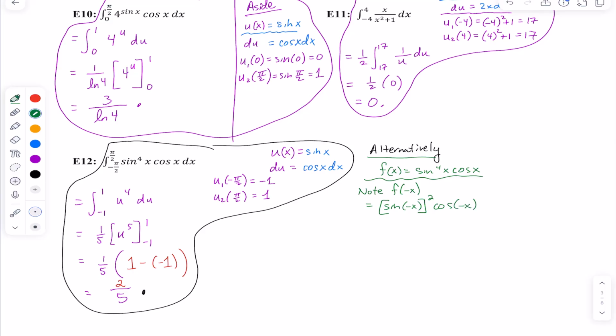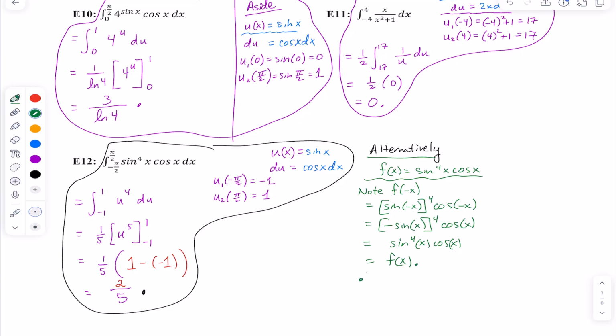We know that the sine function is odd. And we know that the cosine function is even. This will yield this next expression, which is just another name of f of x.